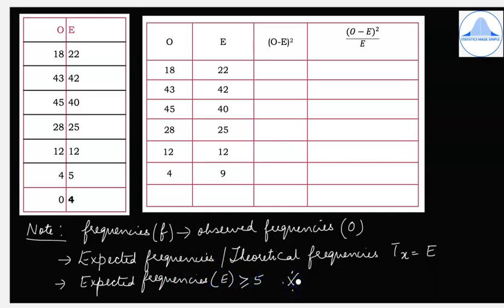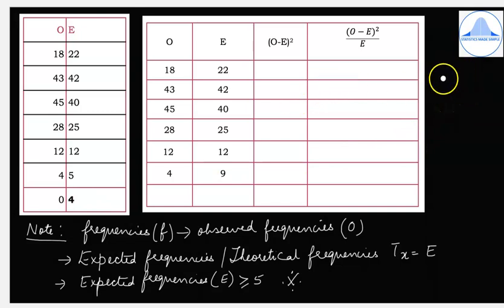This is very important. If any one of the expected frequencies is less than 5, we have to make use of the method of pooling. So what we observe here is the expected frequency 4 is less than 5, so we make use of the method of pooling.